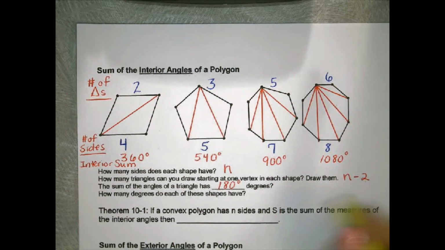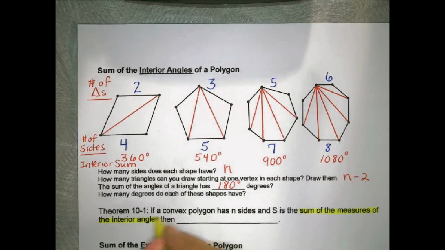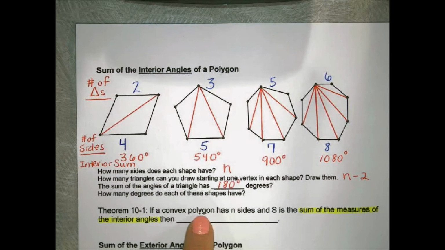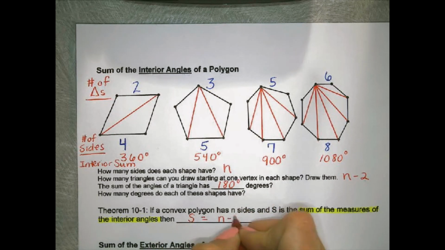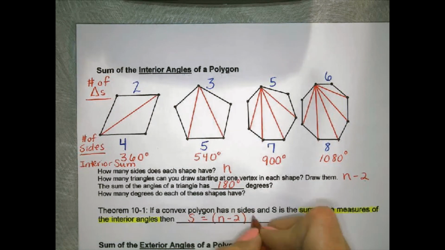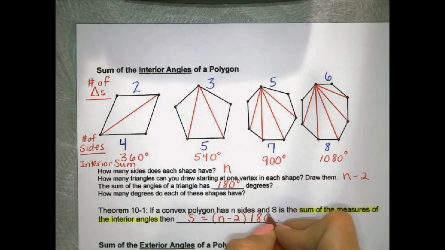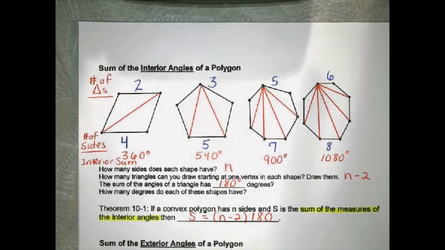As long as a polygon is convex, the sum of these angles will always be S, for sum, equals n minus 2 times 180. This will work for any size polygon. In theory, you could have a polygon with 999 sides, and you could figure out the sum of the internal angles.